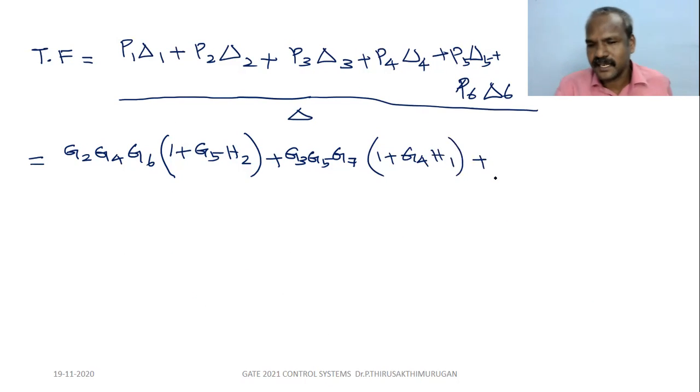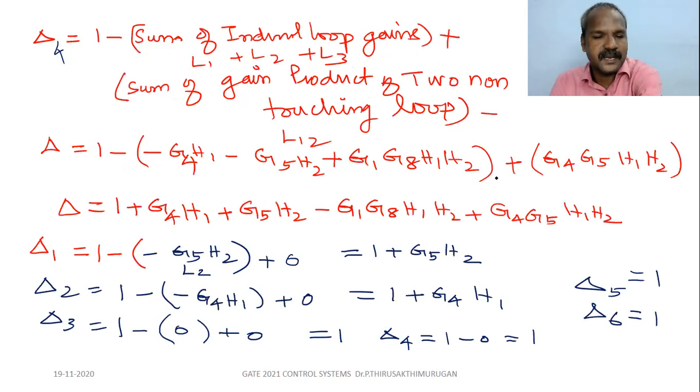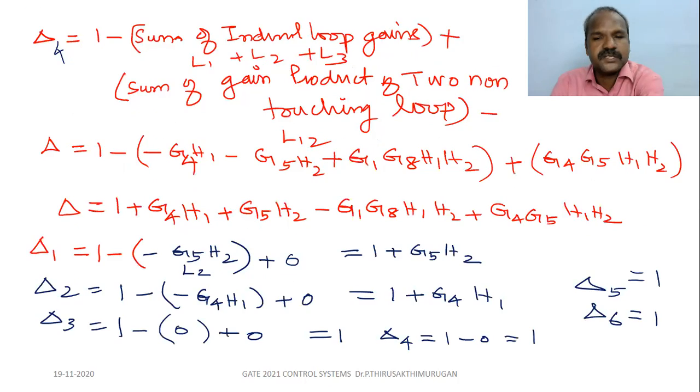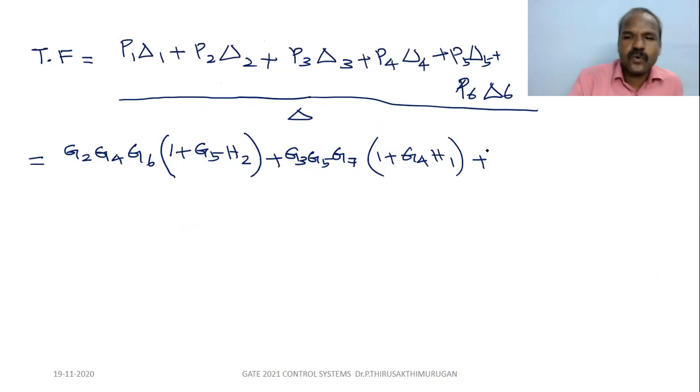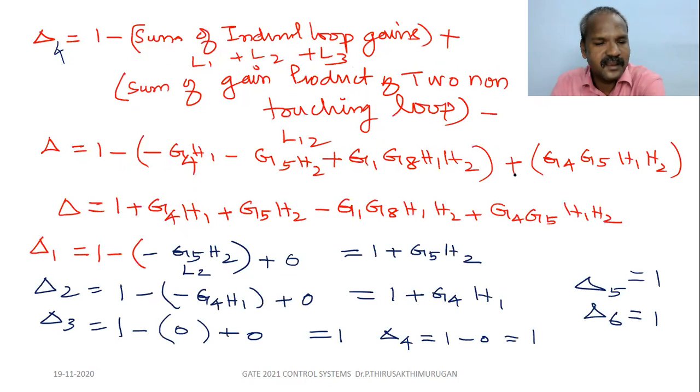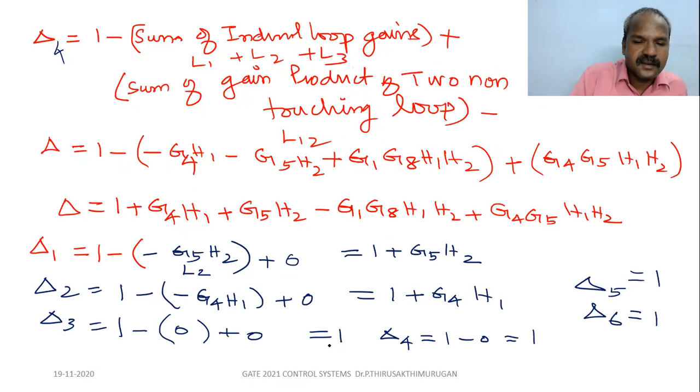Plus, what is P3? Tell me, dear students, what is P3? P3 is G1, G2, G7. What is del 3? Del 3 is 1.